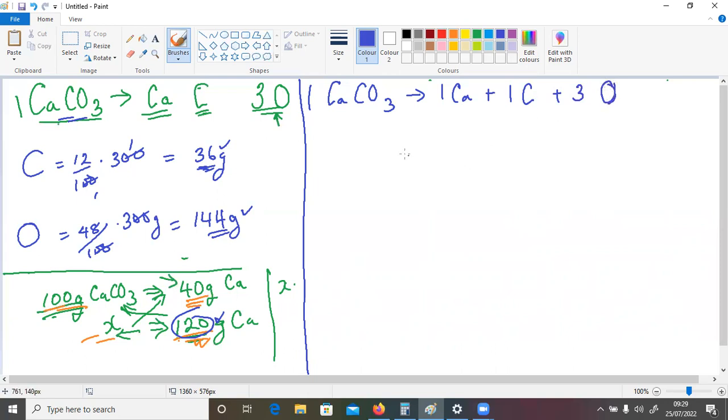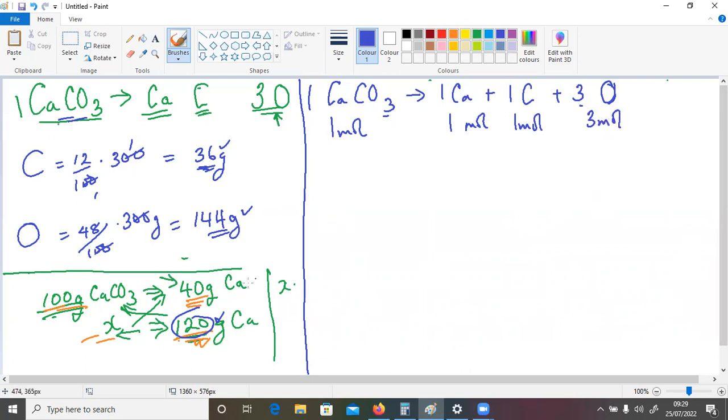Notice the oxygen atoms, it's all because of the 3 there.